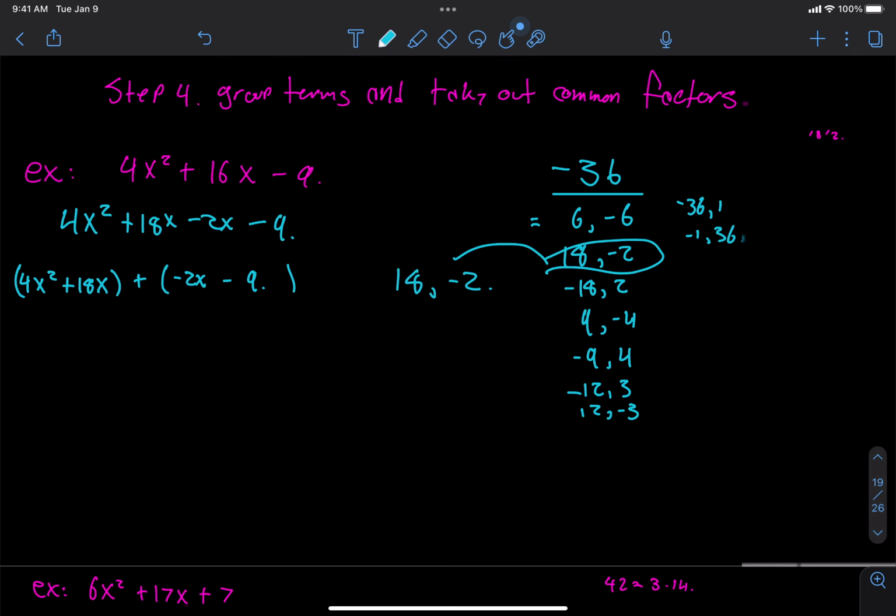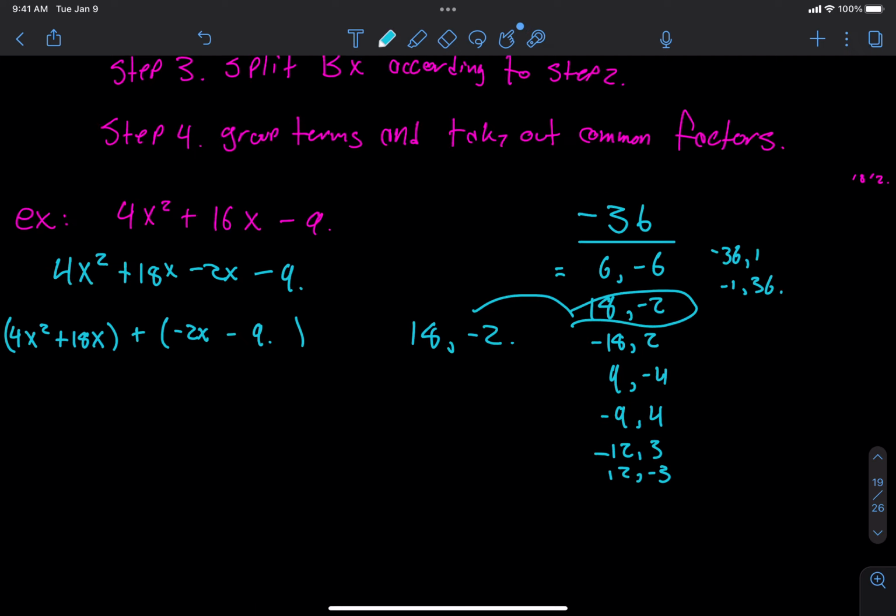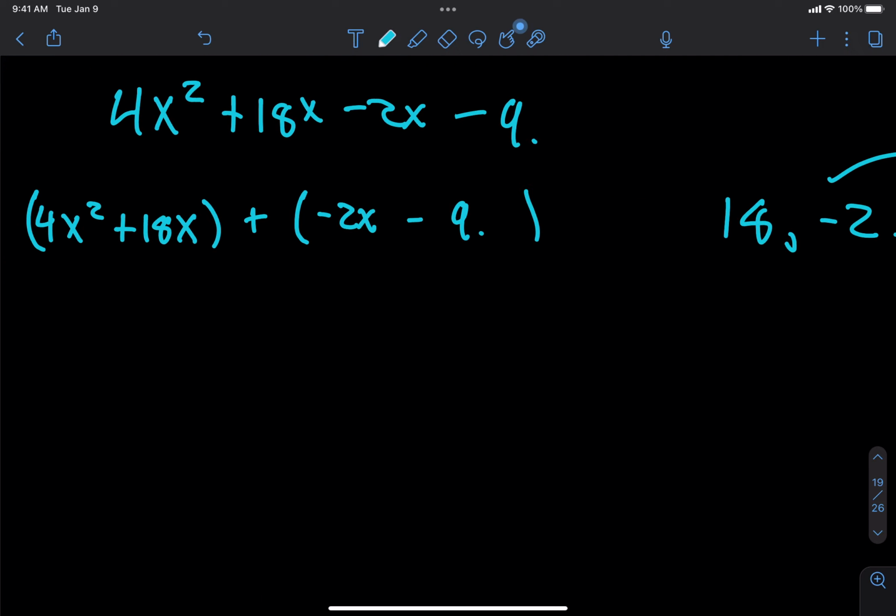Okay, and now what the step says is to take out common factors. So I'm going to look at each of these 2 terms, and I'm going to take out the largest common factor between the 2 terms in each of these subterms. So the first is 4x squared plus 18x. What's the largest common factor there?